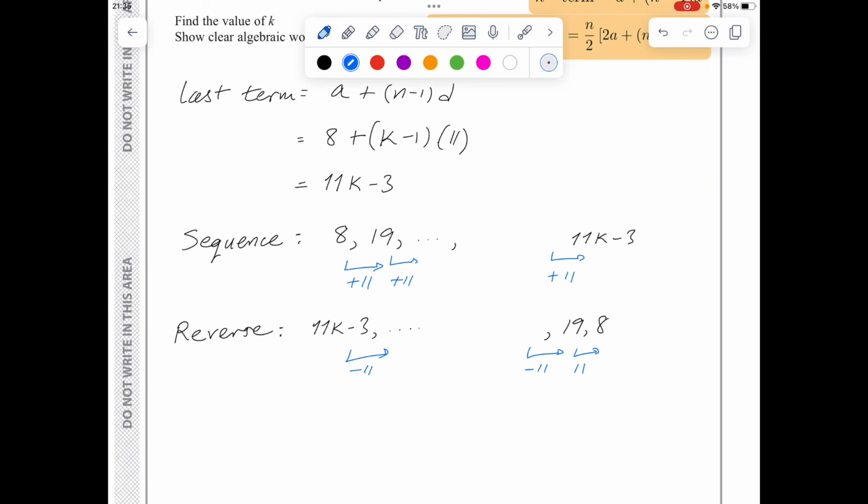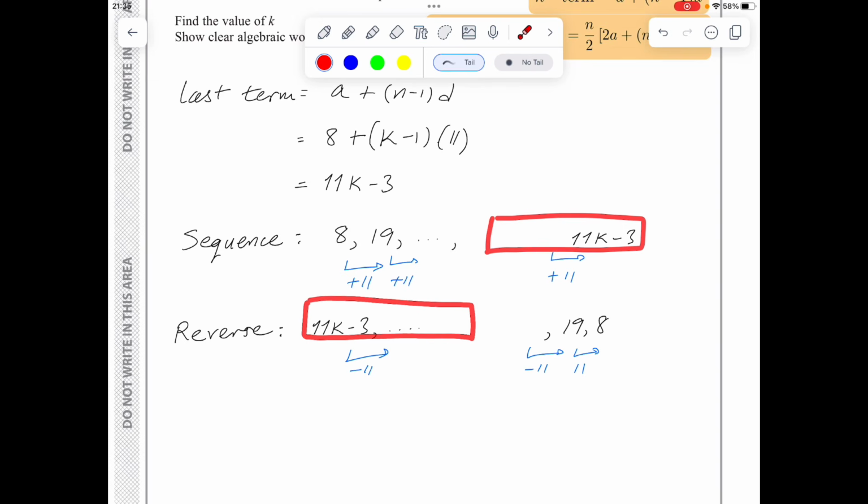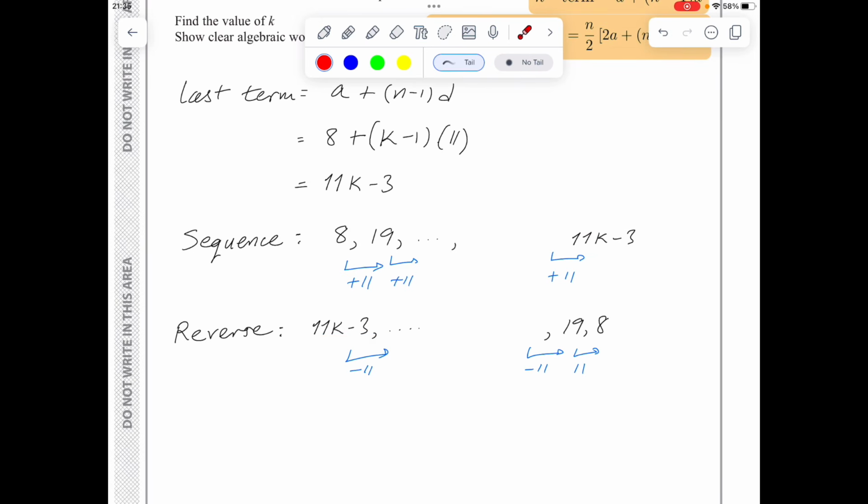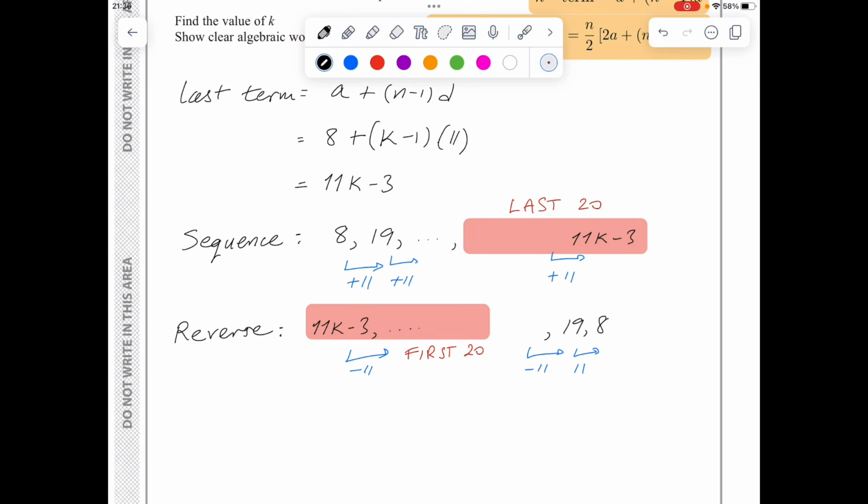So, if I want the sum of the last 20 terms of the original sequence, this is equivalent to finding the sum of the first 20 terms of the reverse sequence. So now I can use the formula for the sum, but this time A will not be 8, A will be 11K minus 3, and D will not be 11, but D will be minus 11.